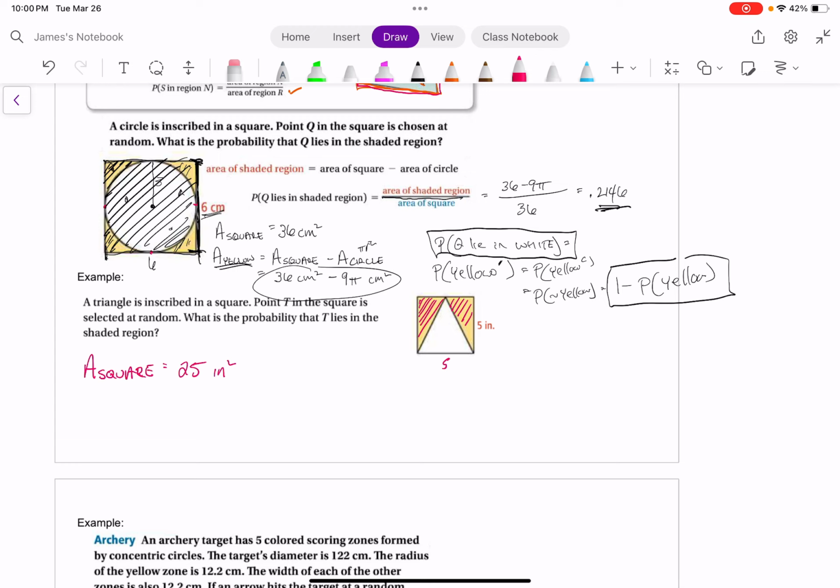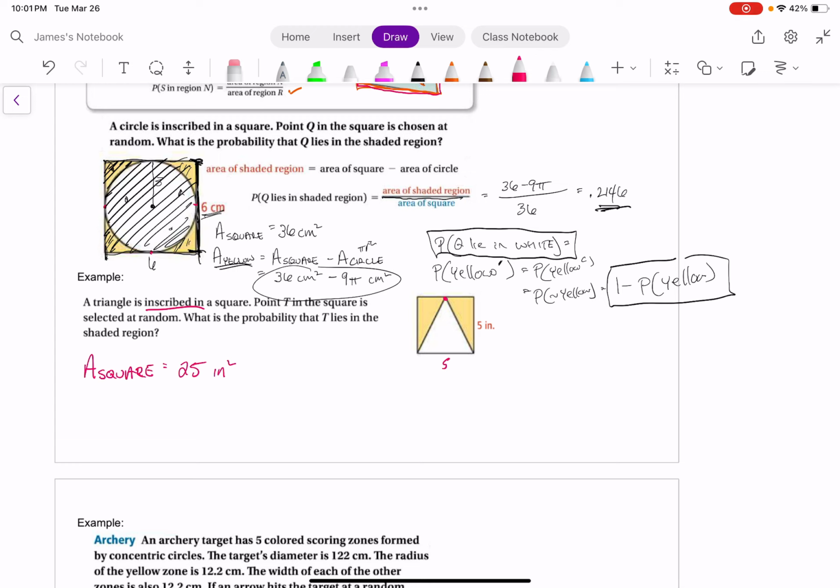Now, it says that we're inscribed inside the square. I don't know if I completely agree. This is an example cut from the textbook. I don't know if I completely agree with that verbiage there. But basically what I'm going to say is that point right there is halfway, and it really doesn't matter.